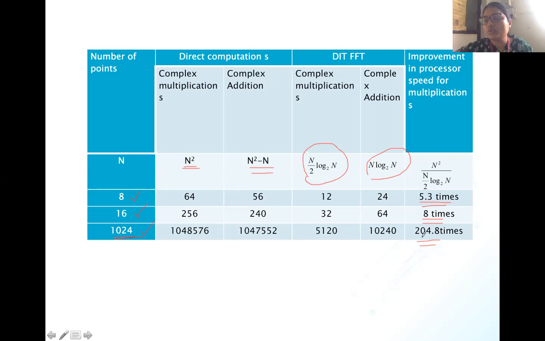It is 204 times less as compared to direct computation. This is the beauty of this algorithm. The computations are decreasing drastically, and because of that, the DIF and DIT algorithms are very popular.